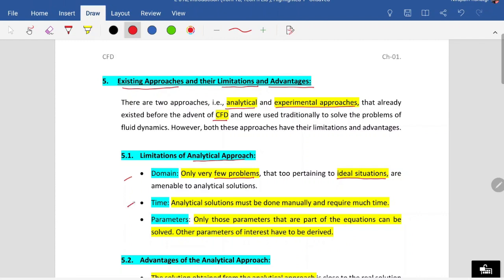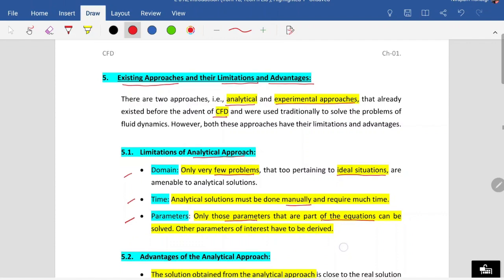Then time. Now analytical solutions have to be done manually, so they will require a lot of time. Then parameters. So only those parameters that are part of the equations can be solved. Because you write an equation, there are certain parameters involved, you will get the solution for them. Now again, if you want to find out some other parameters, you have to use different equations to find them out.